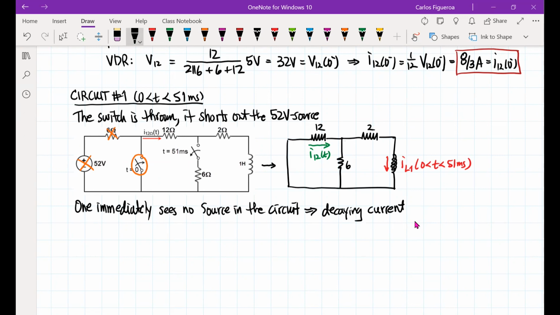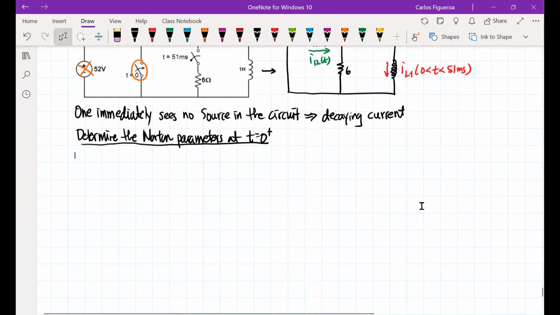Now I need to determine the Norton parameters at t equal to 0 plus. So let's go do that. The first thing I need to determine is I short circuit 1, right? I need to determine that. Nope. I want the initial condition first, right?